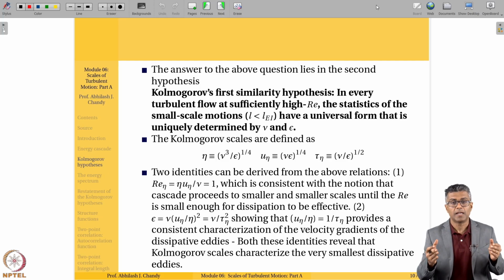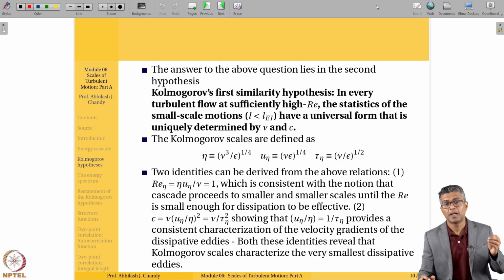Kolmogorov is saying, his hypothesis is that they have a universal form, and it is determined both by nu and epsilon. And therefore, he defined these Kolmogorov scales as follows, shown on the screen here: eta is (nu cubed over epsilon) to the 1/4, u_eta is (nu epsilon) to the 1/4, and tau_eta is (nu over epsilon) to the half.